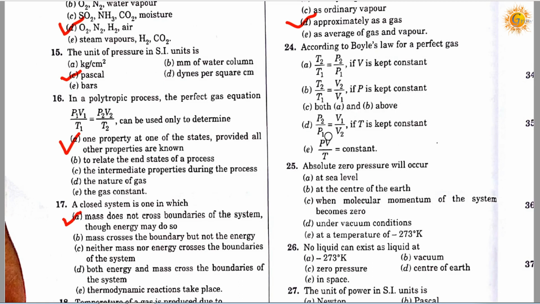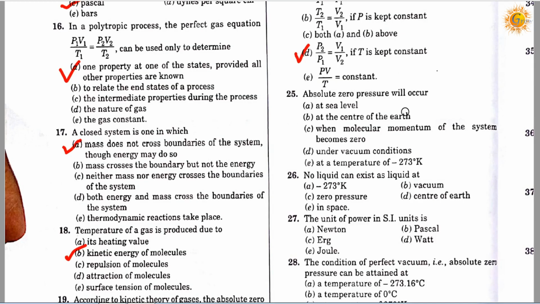Option D: P2 divided by P1 is equal to V1 divided by V2 if T is kept constant, and option E: PV divided by T is equal to constant. The correct answer is D. According to Boyle's law for a perfect gas, the formula is P2 divided by P1 is equal to V1 divided by V2 if T is kept constant.